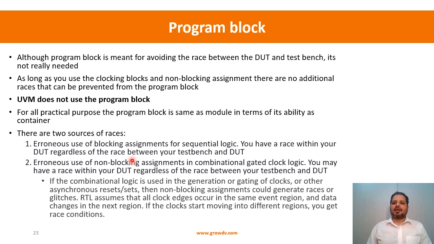The fundamental recommendation is that you rely on clocking blocks, and even if you are not using a clocking block, as long as you do non-blocking assignments, I think it's good to go. There are no further types of races that you can really prevent using the program block.